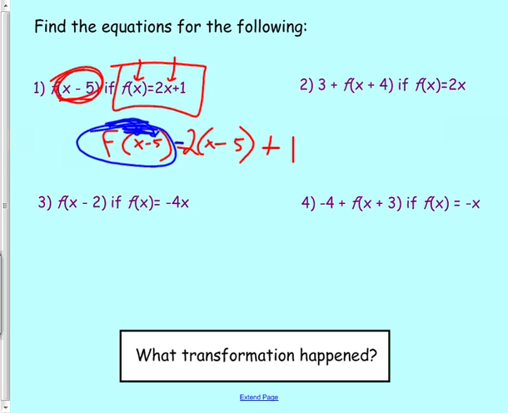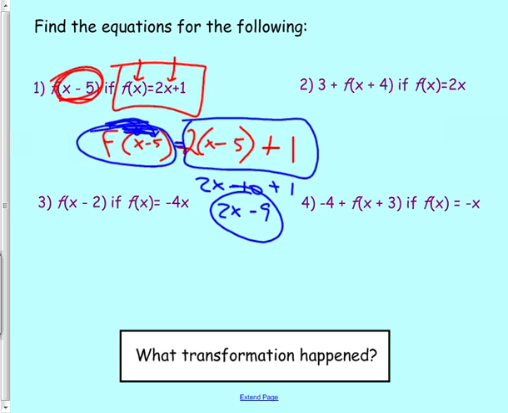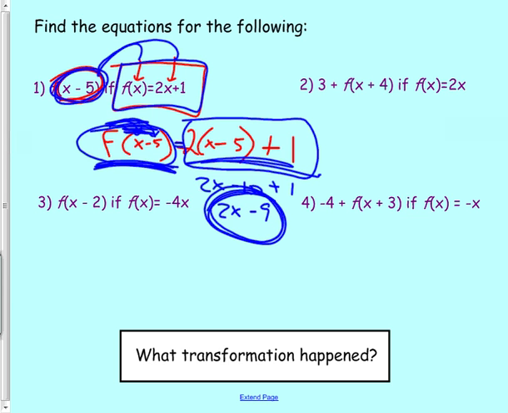You don't do anything to that. It's telling you the answer, and it's over here. There's the answer. So I'd say it was 2x minus 10 plus 1, which is 2x minus 9 is your final answer. So you start with the function. You stick in what they tell you, in for the x, and don't do the left side of it, just the right side of it, and get the answer.